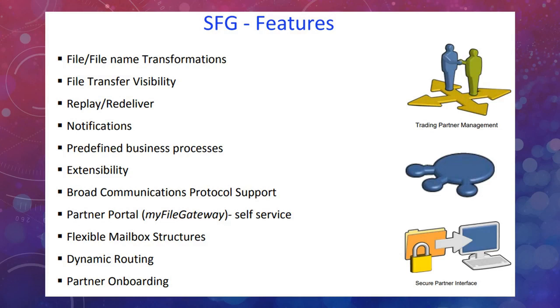With advanced partner onboarding features, it gives you extensive communication channel support and improved business process management. Sterling File Gateway advances operational execution with predefined event-driven business processes and centralized enhanced management. It provides you end-to-end visibility, auditing and reporting services, and the ability to manage a large number of partners and protocols efficiently.